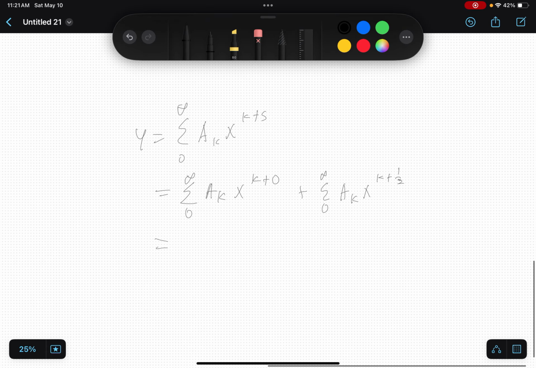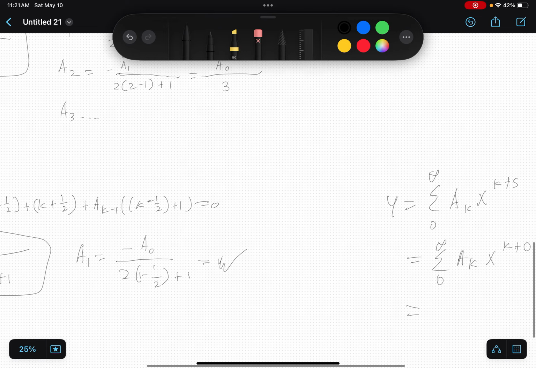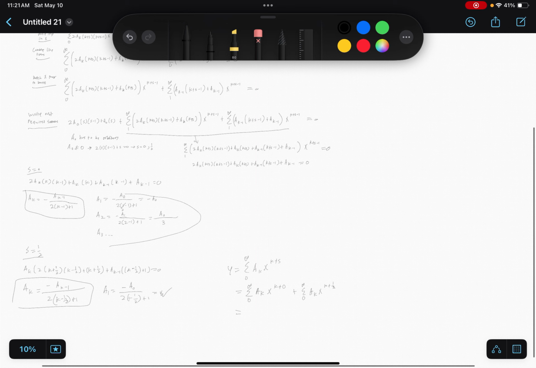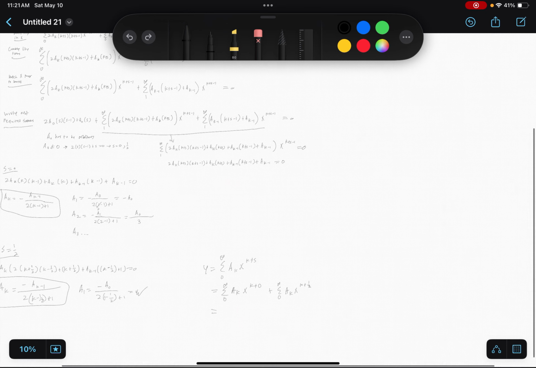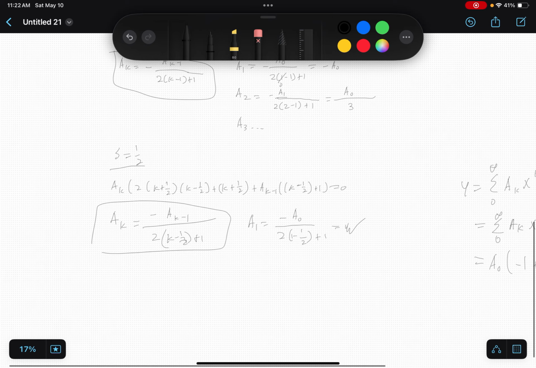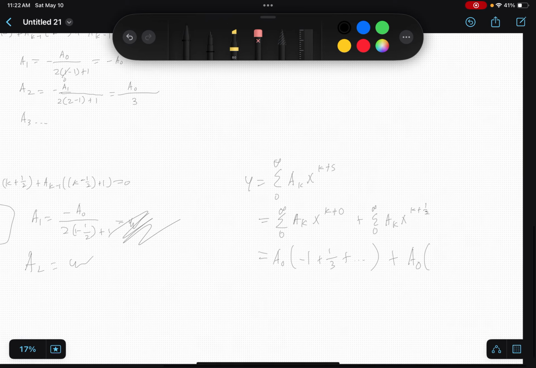And this would equal, well, we already did some of these here. So it would be a0 times negative 1 plus 1/3, plus so on, plus a0 times whatever it is, and then a2 equals whatever it is, and so on.